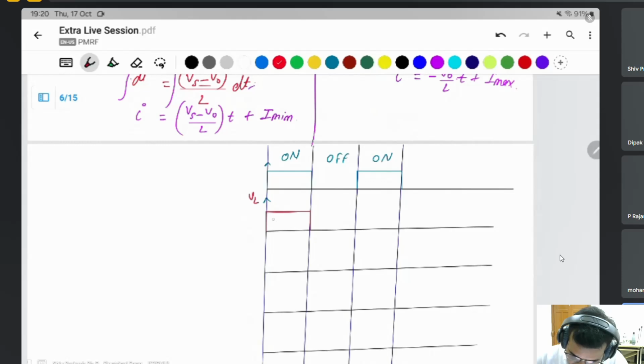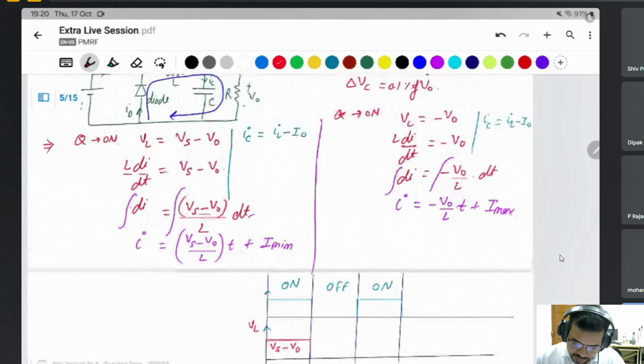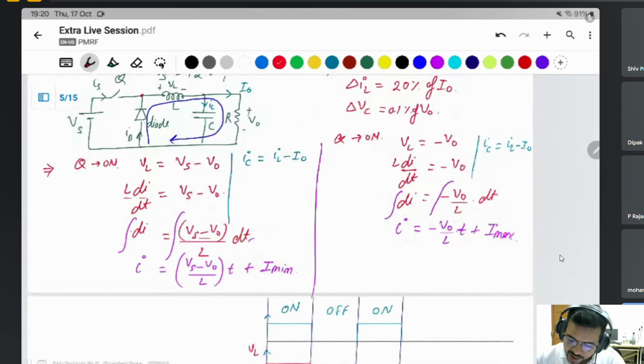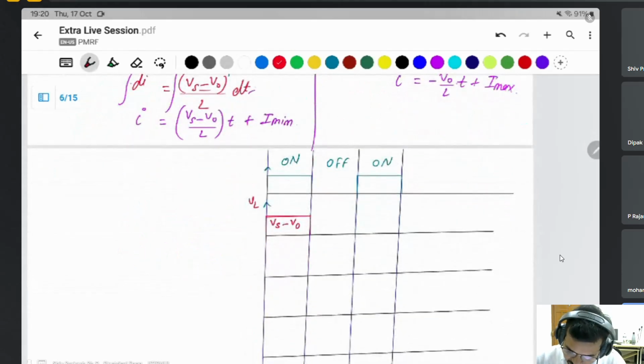This voltage is Vs minus V naught. Then again when the switch is off, only a negative voltage is there, minus V naught. Then again the switch is on, and it will be Vs minus V naught.